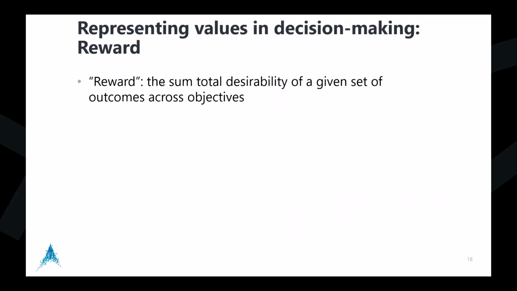It's the sum total desirability, the sum representation of how good an option is given the set of outcomes across objectives. As opposed to utilities, which focus on one objective, this is summing across all objectives and saying overall, this is your reward, or this is on average how good that option is.